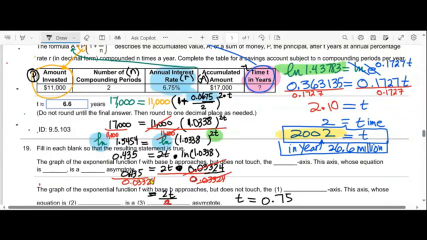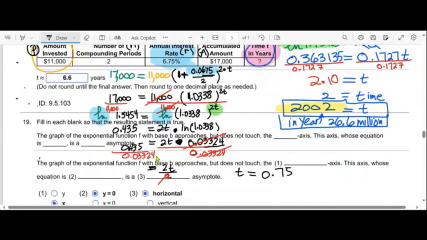Now divide the one on the left side. That will give us 13.086.